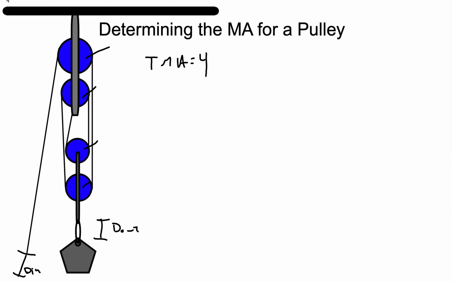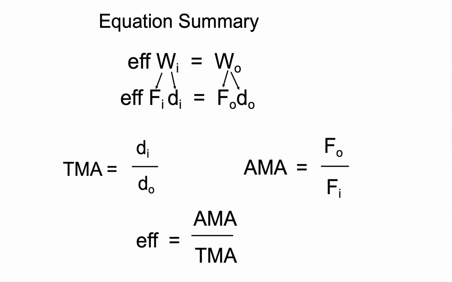So let's look at what this looks like in a problem. All right? So before I even do that, here's a summary of all the equations. Now this is posted online if you need to see it. But remember we said efficiency times work in equals work out, which would basically mean efficiency times the input distance times the input force equals the output distance times the output force. We said theoretical mechanical advantage is the input distance over the output distance.